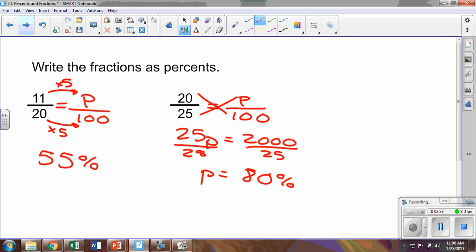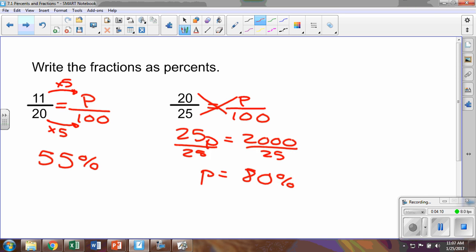And I would like to just note that it does not matter which method you choose to use. You can use equivalent ratios, you can use cross multiplying. Both of them are valid techniques. That's why we spent all of Unit 6 working on proportions and solving ratios and things like that. You can choose your technique, but I do expect to see you using one of these proportion techniques, because right now we are in a section where we're focusing on the connection between fractions and percents.